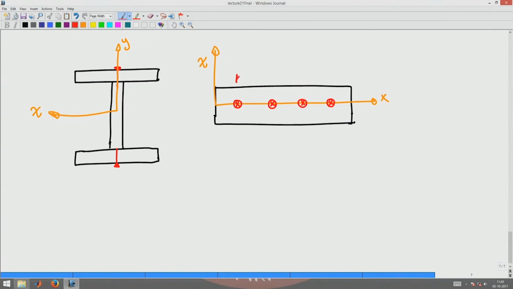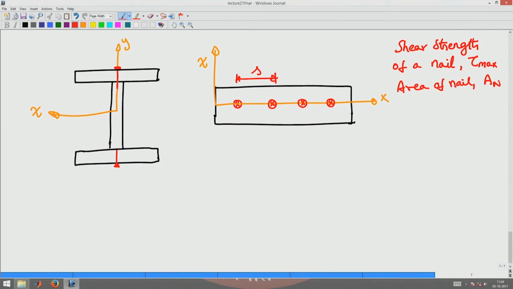Say the spacing between the nails was S, and I am interested in finding out what the spacing should be, given that the shear strength of a nail is tau max, and the area of the nail is A_N.